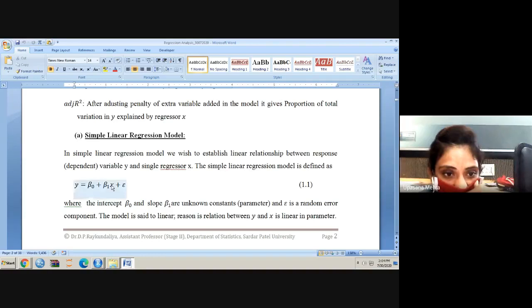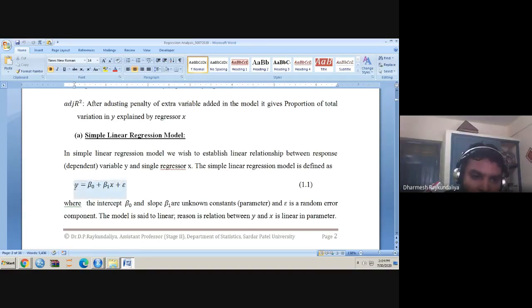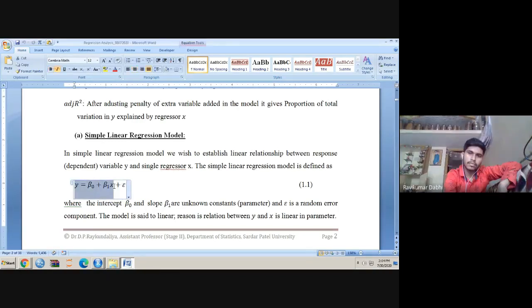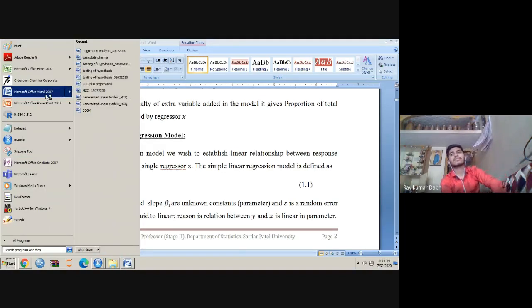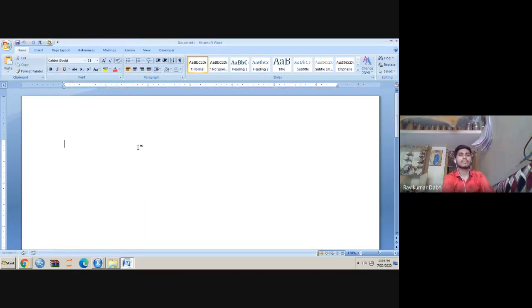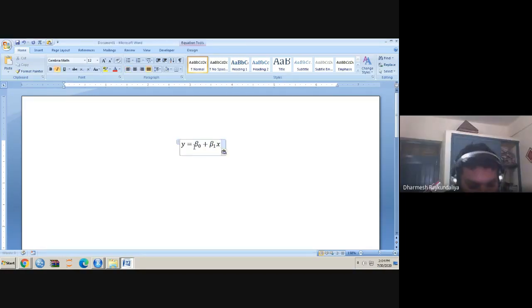Suppose I write y, beta 0 as the c, in this model. This is my c, and this is my m.